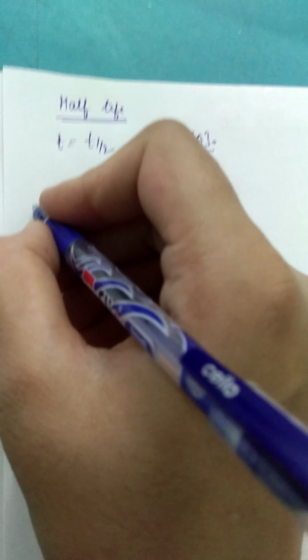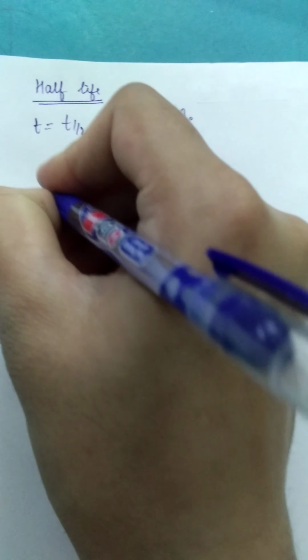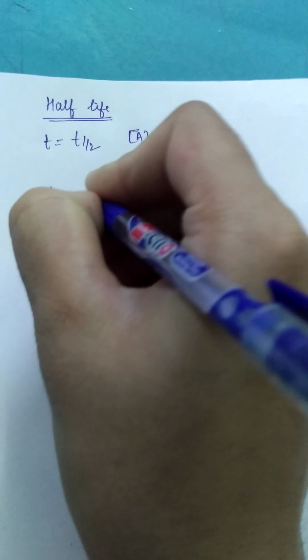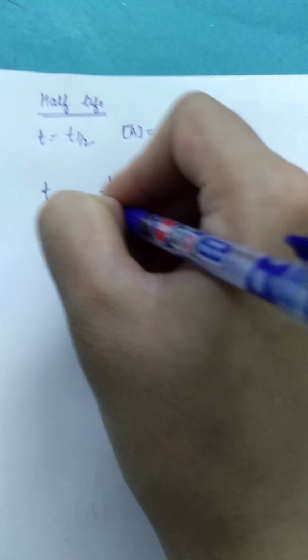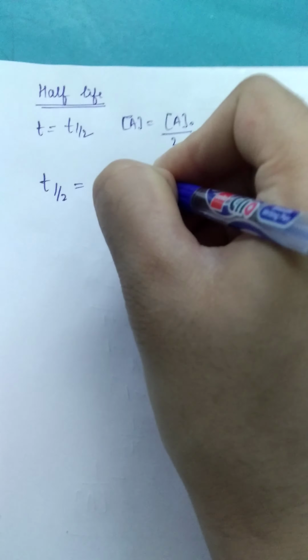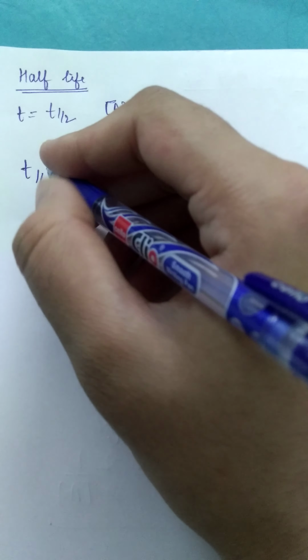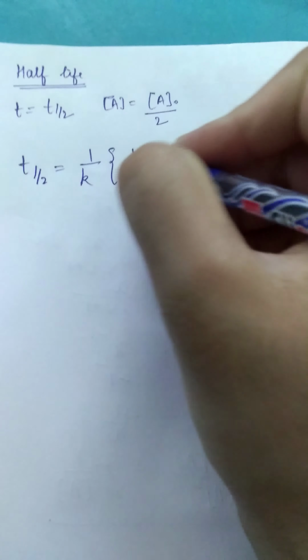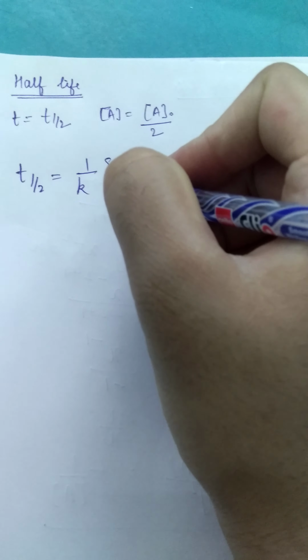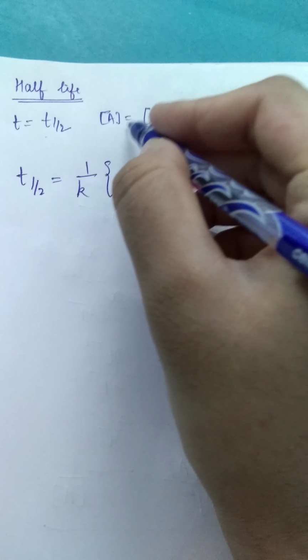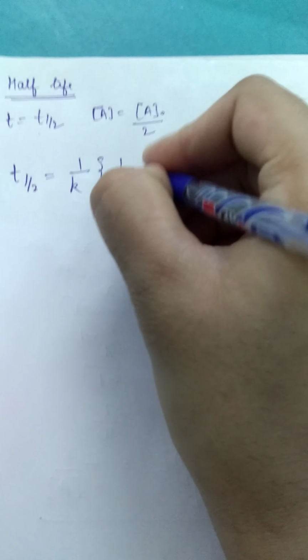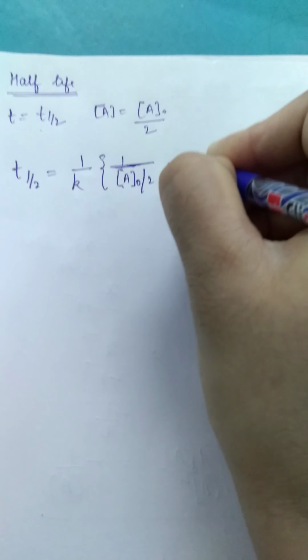Alright, so by putting these values in our last equation, that last equation was t equal to 1 upon K into 1 upon concentration of reactant at time t half, minus 1 upon A naught. So we are taking time as t half, so we will be putting the concentration corresponding to that t half, that is A naught by 2.